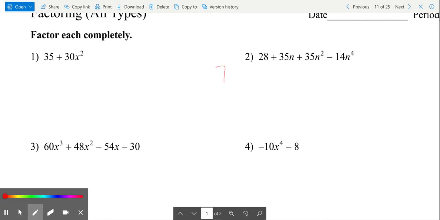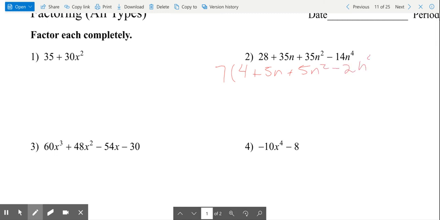So I would factor out a 7. Right, so that would be 4, because 7 times 4 is 28. 5n plus 5n squared minus 2n to the 4th.